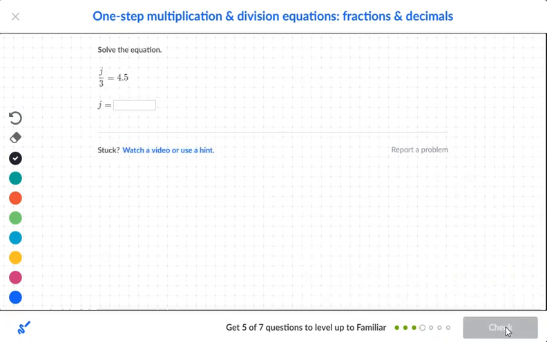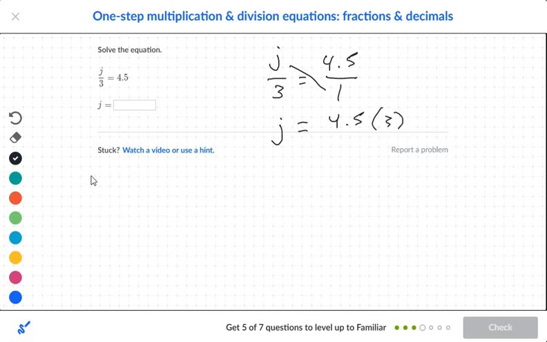Okay, next one, you got J over 3 is equal to 4.5 over 1. Multiply J times 1. So J times 1 is J. Take 4.5 times 3. Well, this is 15.